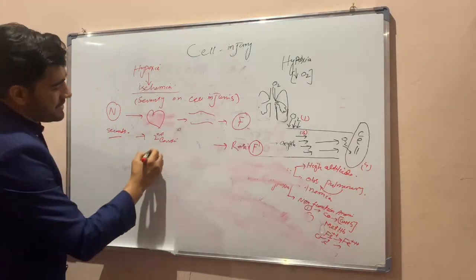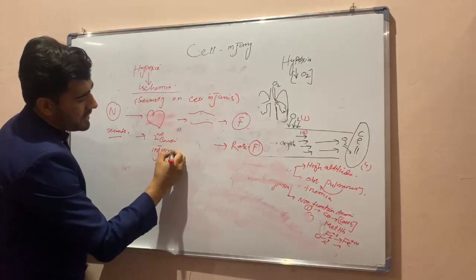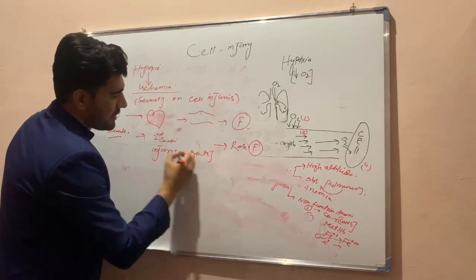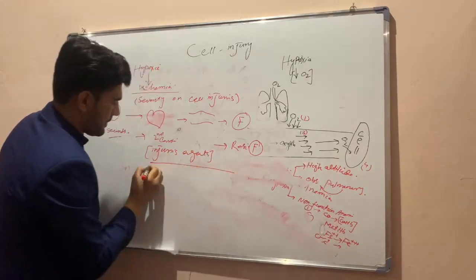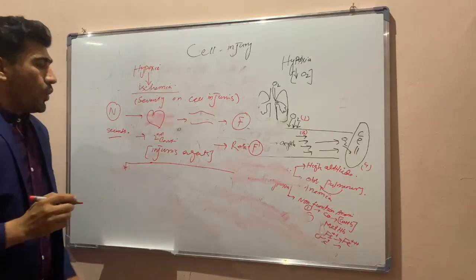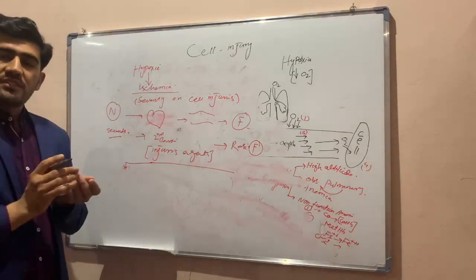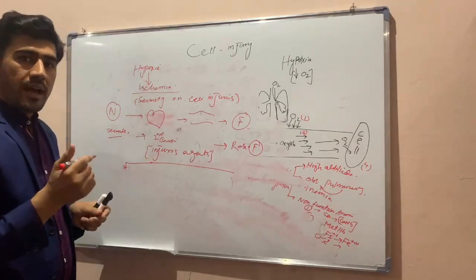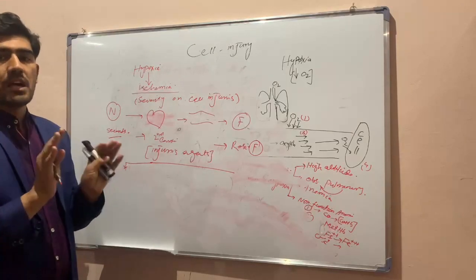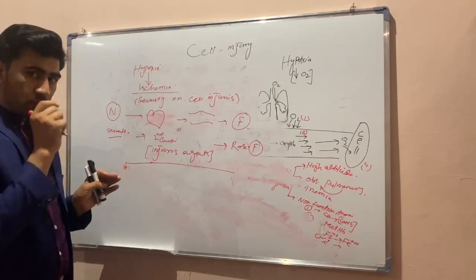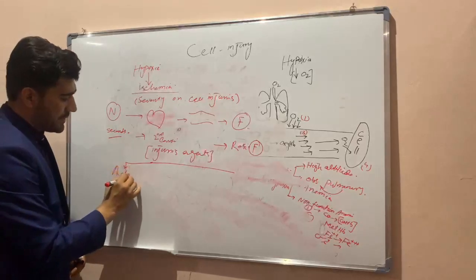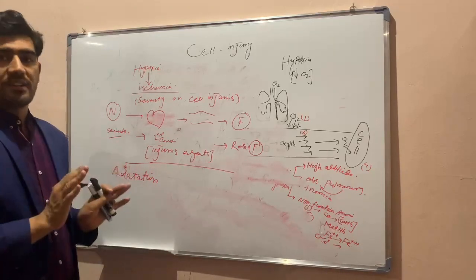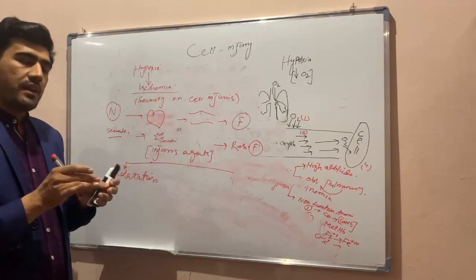Now talking about the injurious agents: when an injurious agent acts on the cell acutely and the cell reverts to its normal function, this process is called adaptation, meaning the cell adapts.